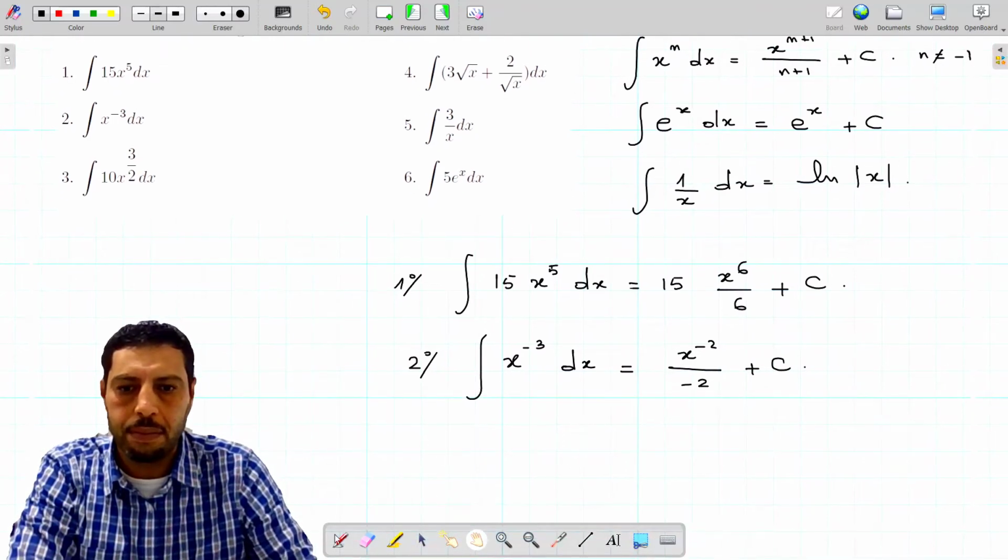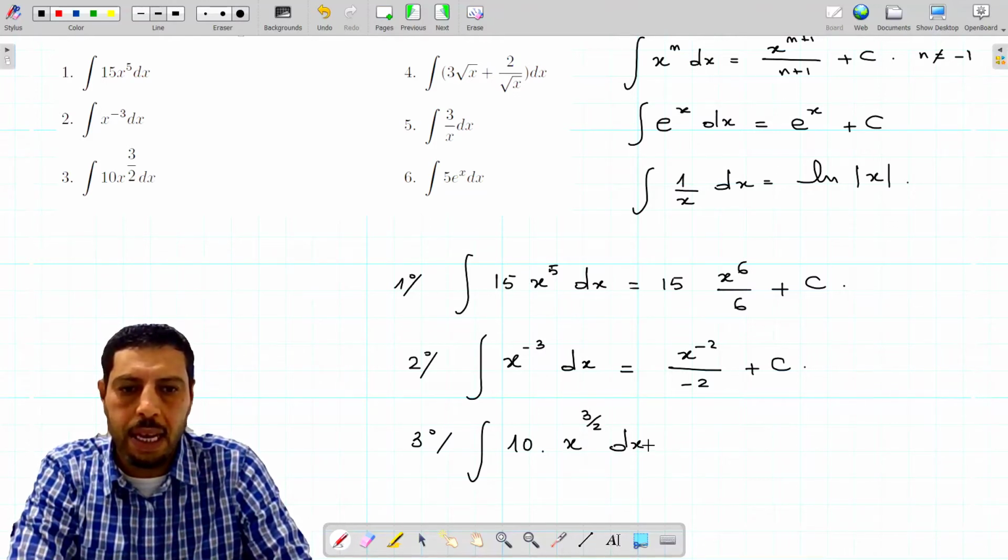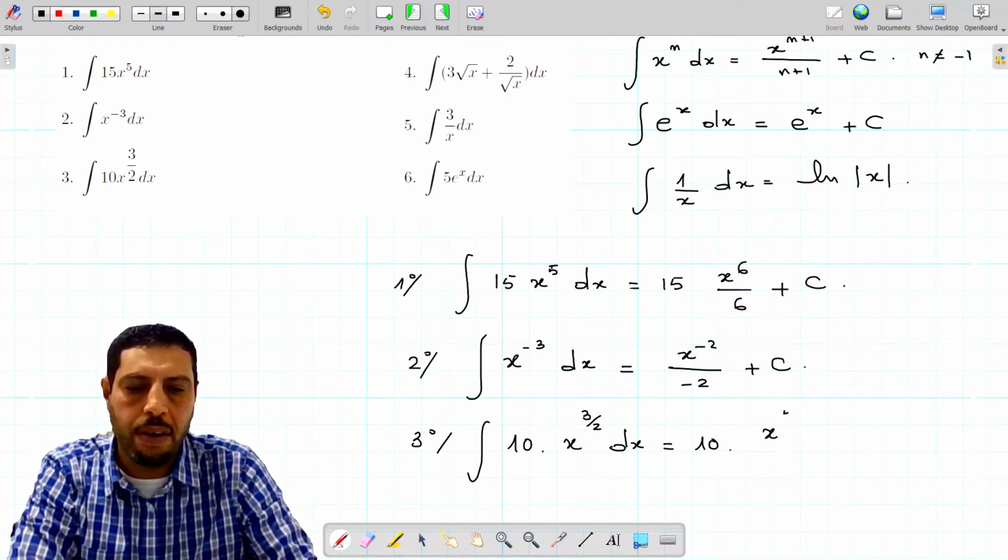Next one, third integral, which is the integral of 10 times x to the power of 3 over 2 dx. Again, here the power rule, we can put the 10 outside. And we apply the power rule, so it gives x to the power of 5 over 2 over 5 over 2 plus c.